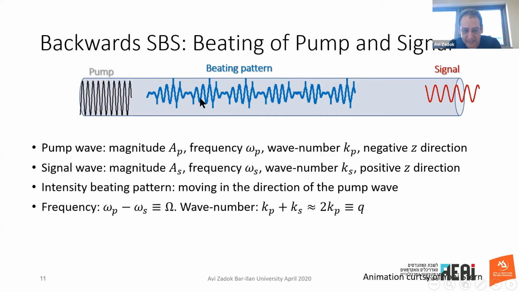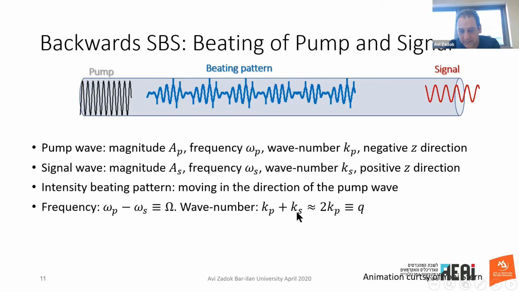This intensity is itself a pattern with a frequency. It is described by the difference between pump frequency and signal frequency. It also has a spatial period, and it is the sum of K pump and K signal. Now, these frequencies are comparable.